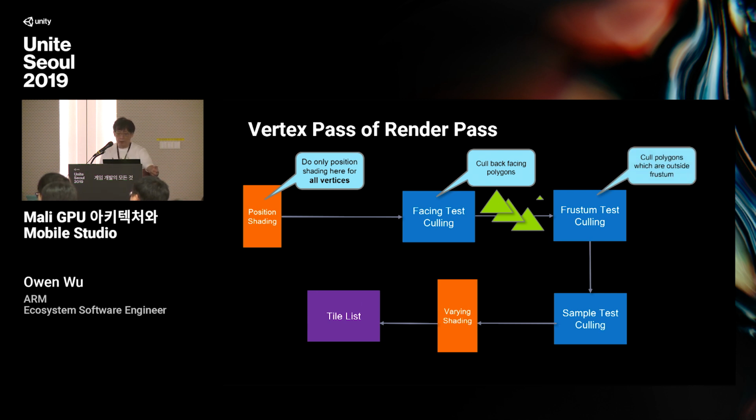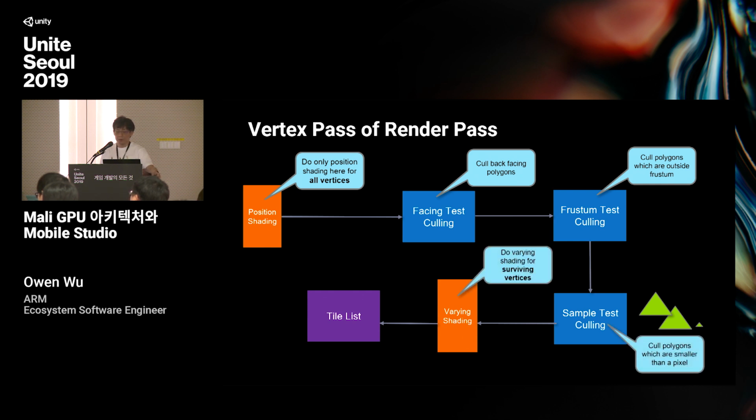The next one is frustum culling: primitives outside the viewport are culled here. Then the sample test culling: any primitives smaller than 1 pixel will be culled here. Finally, all surviving primitives do the varying shading, then are added to the tile list.